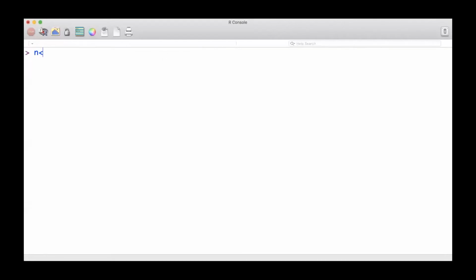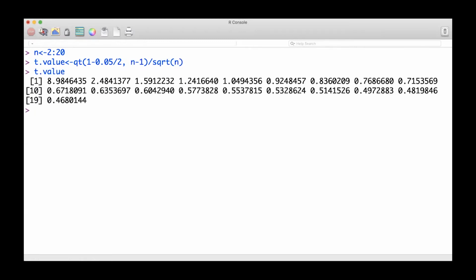Taking our sample size to range from 2 to 20 observations, our value from a t-distribution can be obtained in R using the qt function, noting that we want a two-sided confidence interval at a level of 95%, and noting that we have n-1 degrees of freedom. We would get these t values.